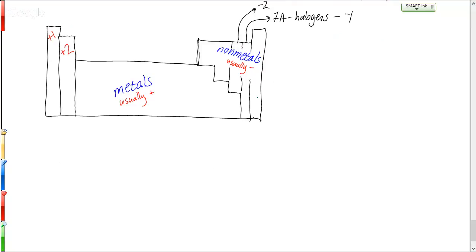So name-wise, let's look at some names. Anybody remember what is the name of this first column here, the +1s? Yep, those are the alkali metals. +2, we've got these: alkaline earth metals. What about the ones in the middle? Yep, those are the transition metals.